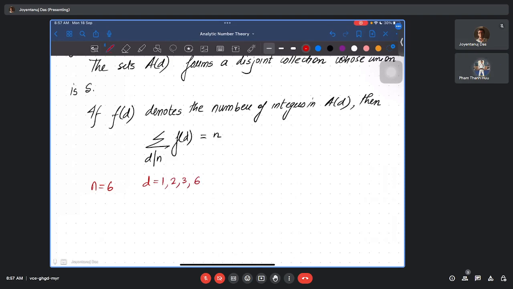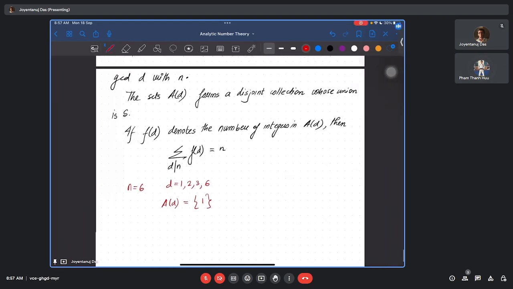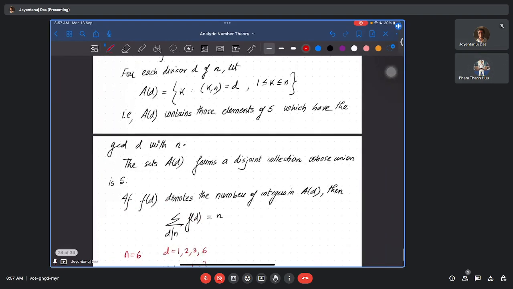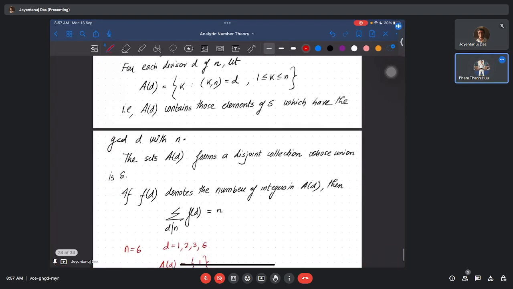Then A(1) is the set of elements such that the GCD of k and 6 is 1.